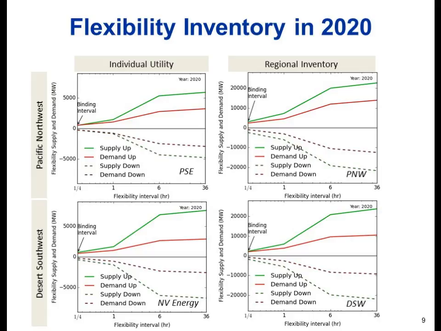So if you picture these red lines in here, on the longer time intervals, as we increase renewables, that red wedge grows faster, and you could imagine that would cause it to quickly hit up against the green supply side. That said, we also see that the flexibility demand does increase to some degree in those shorter intervals too.